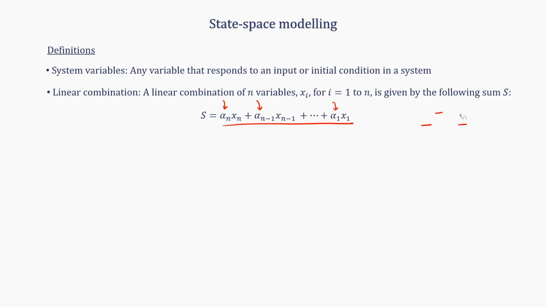Now, this might not have any physical meaning. For example, Vc1 is the voltage across capacitor C1 and IL is the current through the inductor in the previous example. I can say that 2 times Vc1 plus 5 times IL is a linear combination of Vc1 and IL. Physically, this term has no meaning, because one term is voltage and the other is current.